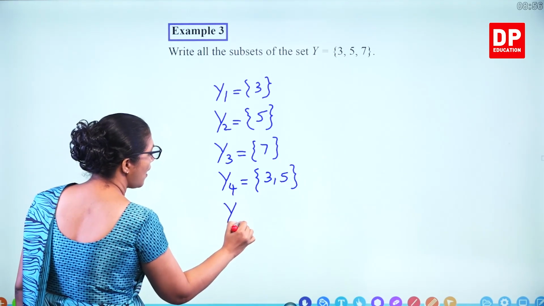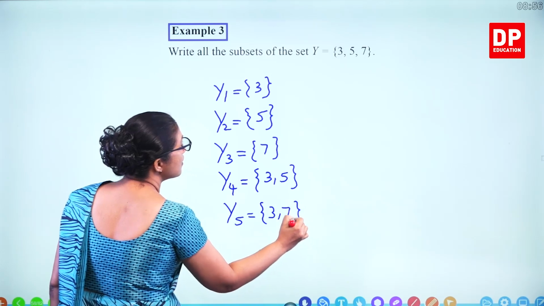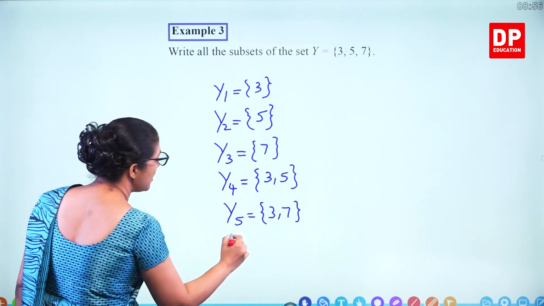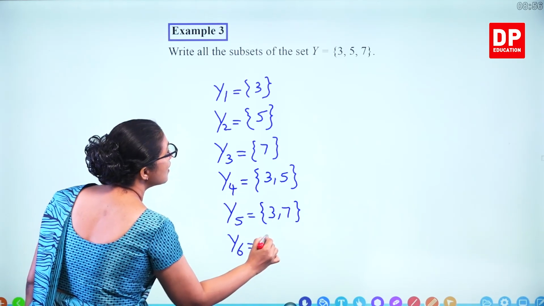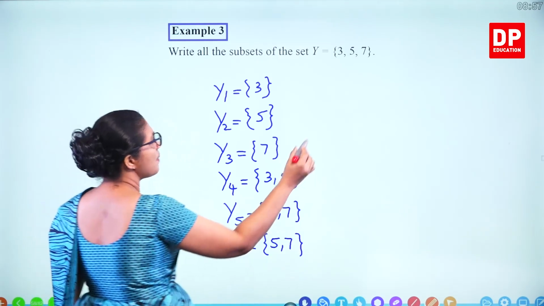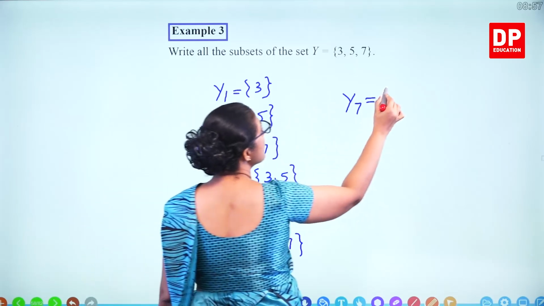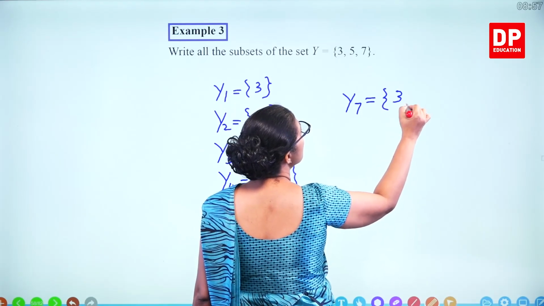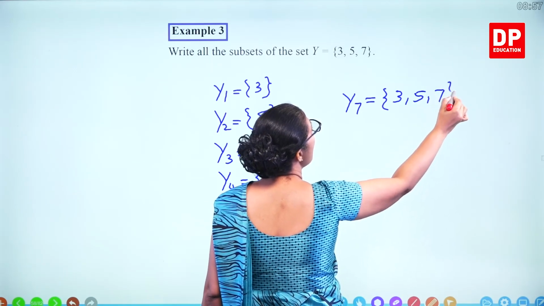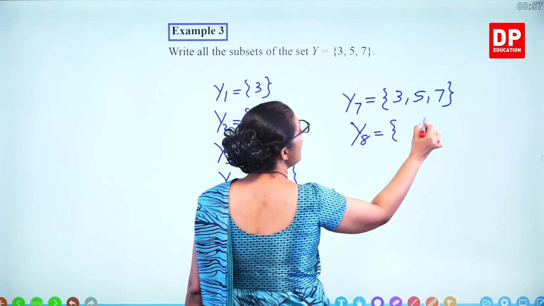Then Y5, you can write {3, 7}, then Y6, {5, 7}. And then Y7, I can write all together the set itself, {3, 5, 7}. And finally, I can take the empty set.